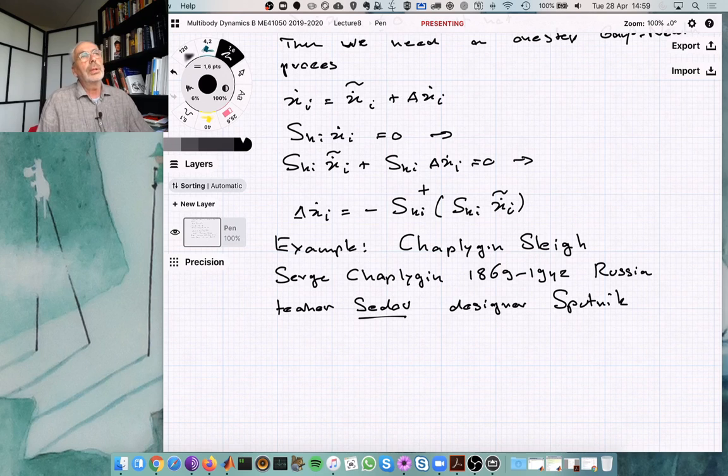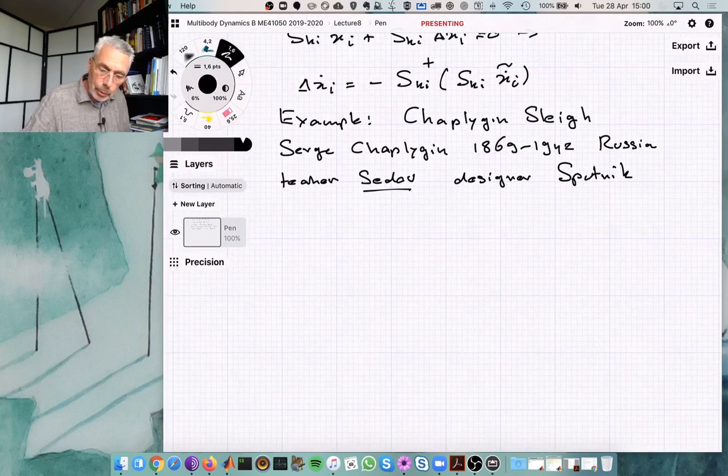Well, Sputnik was the first satellite out in space, sending this beep, beep, beep electronic signal, and it started the whole NASA program of man on the moon, man in space, the whole race. Because the Americans were scared to death that the Russians would beat them in the space age. Anyway, so Sadov, designer of Sputnik, the teacher of Chaplygin, interested in mathematics, dynamics and non-holonomic dynamics.